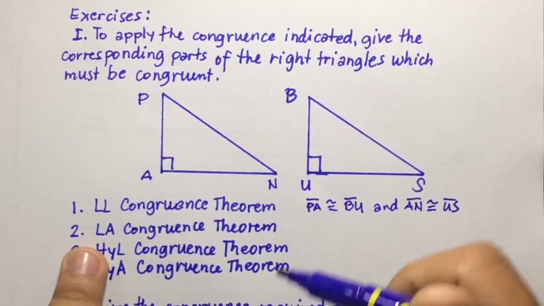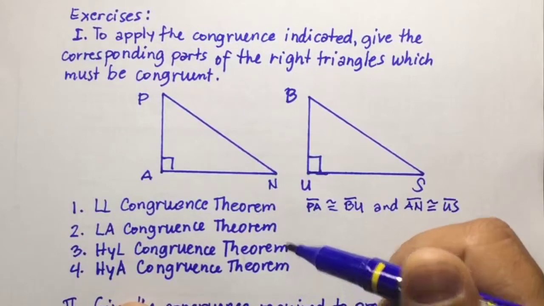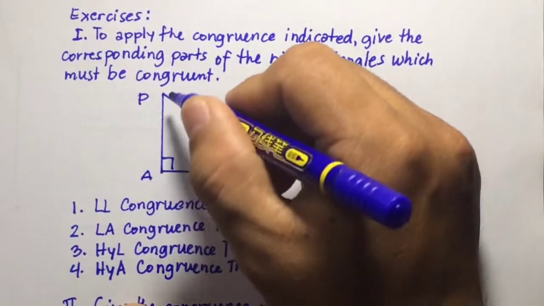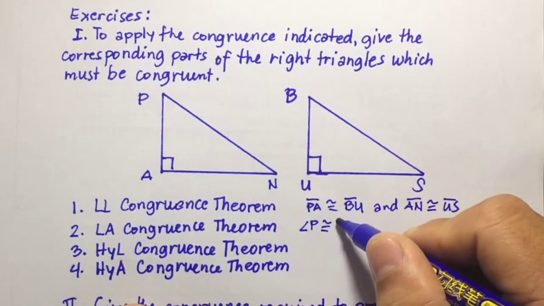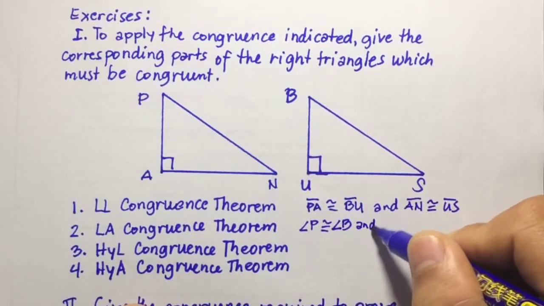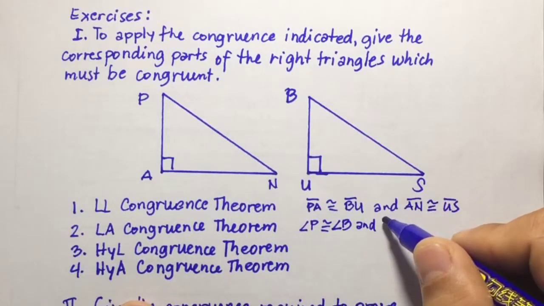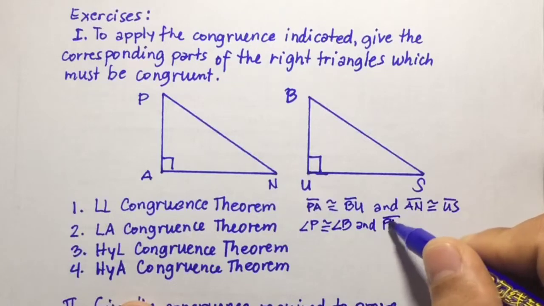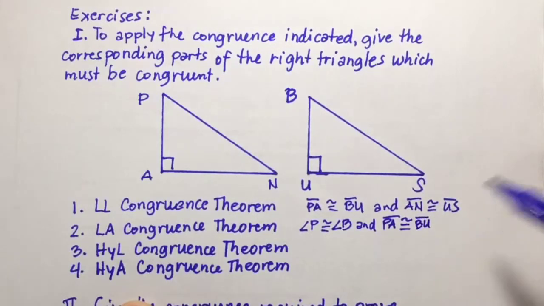Then if we're going to have number 2, LA, so leg and an acute angle, so we can have here angle P congruent to angle B, and line segment PA congruent to line segment BU.